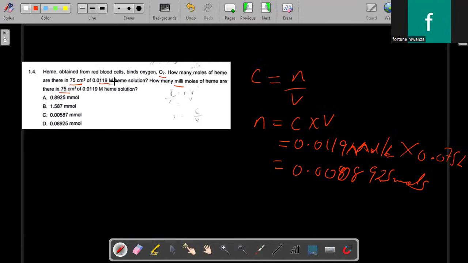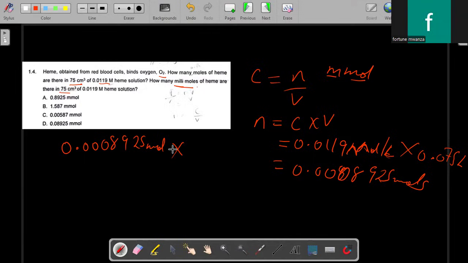So we've done the first part, which is to calculate the number of moles. Now they're asking us how many millimoles. Millimoles is indicated by mmol. So all we need to do here is to convert this 0.0008925 moles to millimoles.